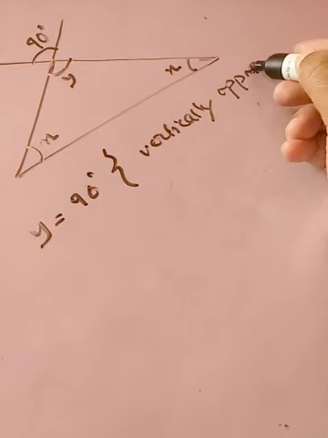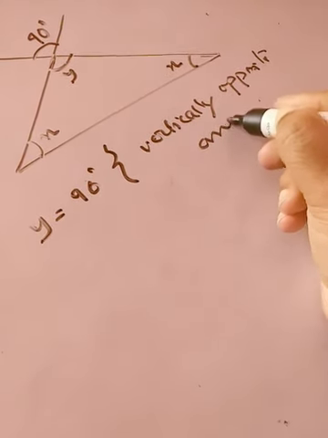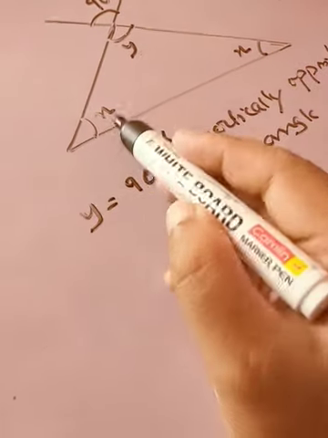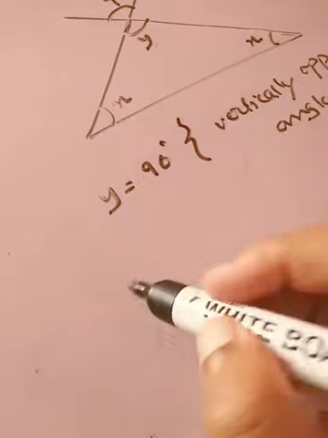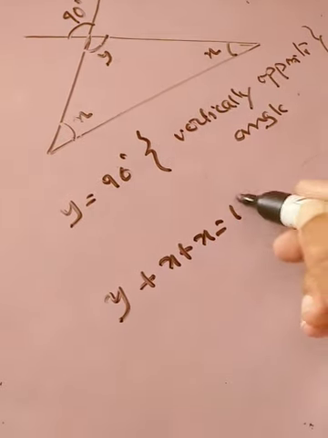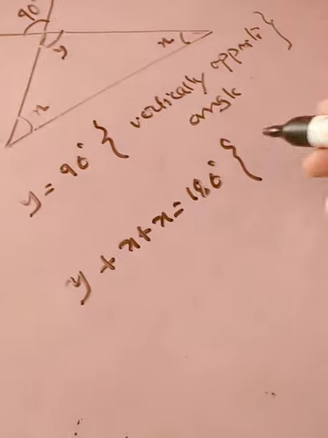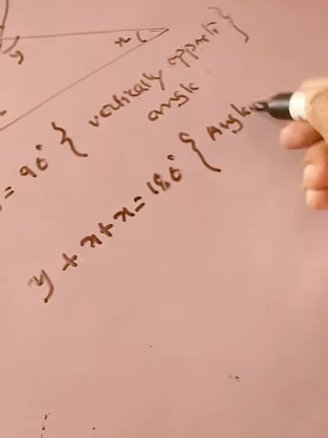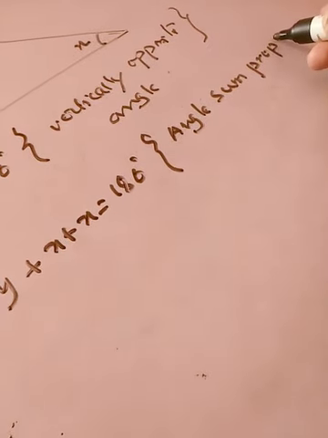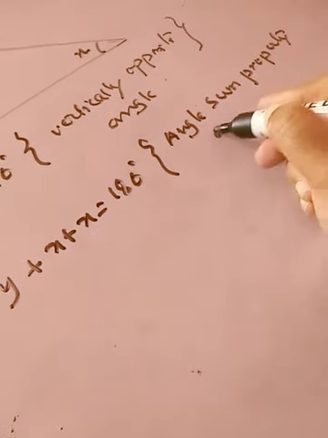Now we know the value of y. Y is 90 degree, and these two angles are equal to each other. So y plus x plus x is equals to 180 degree, and reason is angle sum property of a triangle.